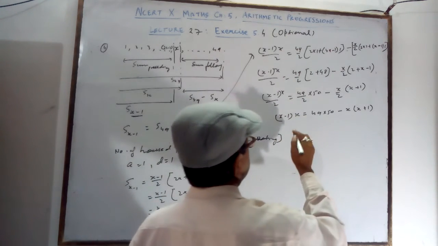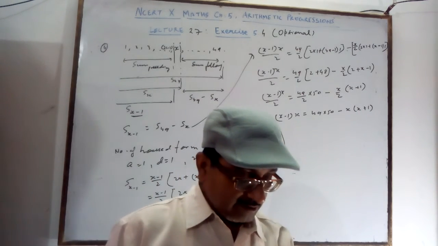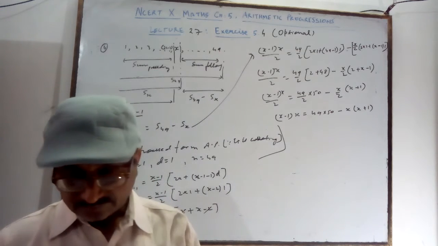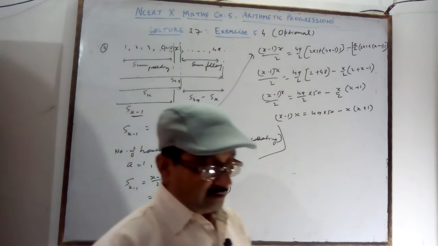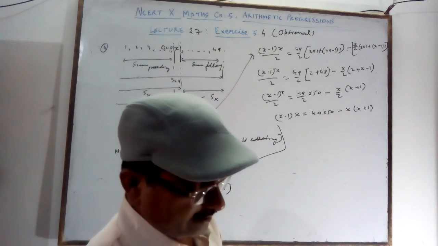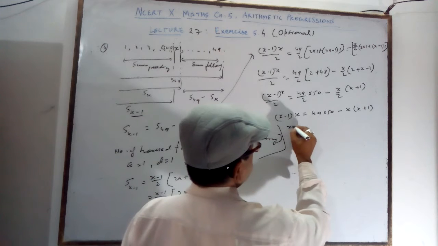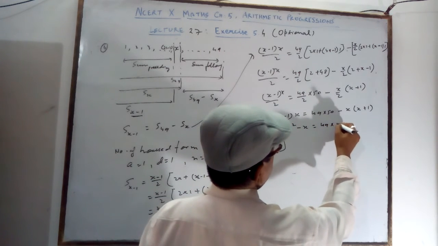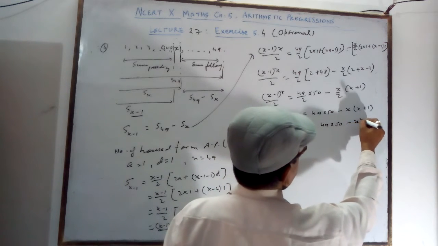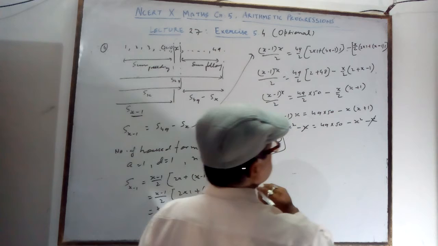You will get the number x in the following manner. You open the bracket: x square minus x is equal to 49 into 50 minus x square minus x. These x will be cancelled.